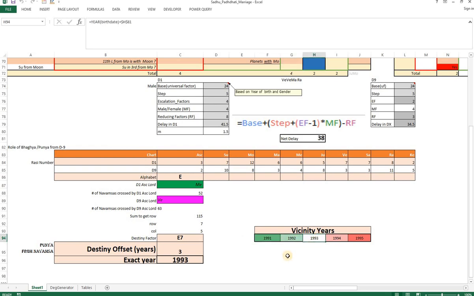So this says that in 1993 this person would get married. So this worked out exactly for me, for my own chart, and Bill Gates required a modification for this M as 1.5, and for most of the charts the same method is used for when you get a profession, when you get into a good job.